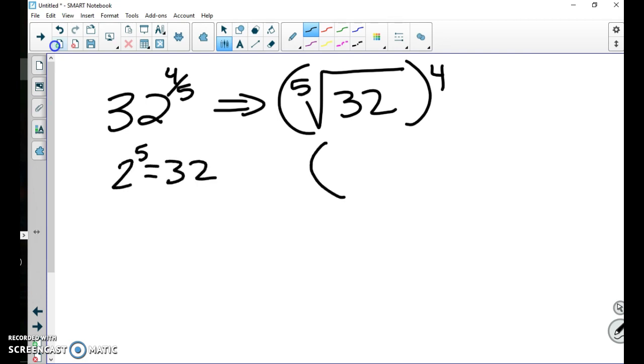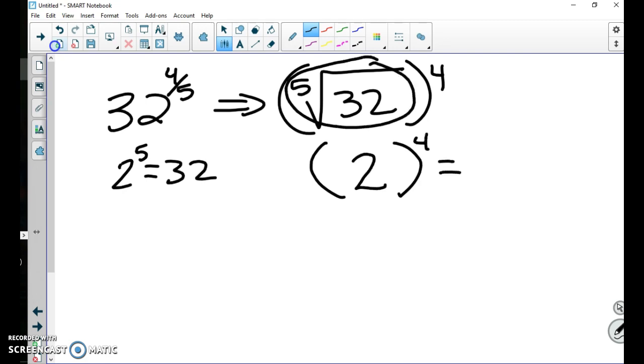So inside my parentheses, the 5th root of 32, I know, is 2. And then I'm going to raise that to the 4th power. 2 times 2 is 4. 2 times 2 is 4. And 4 times 4 is 16. 2, 4, 8, 16. Counting by powers of 2.